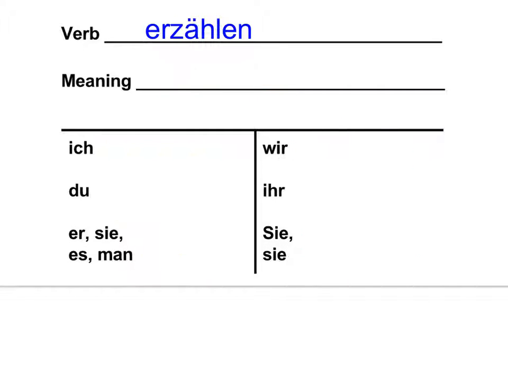Alright. Next one, erzählen. Everybody try that one. Erzählen means to tell, to tell a story. It still works the same way. We're going to get rid of the en, put our ending on.